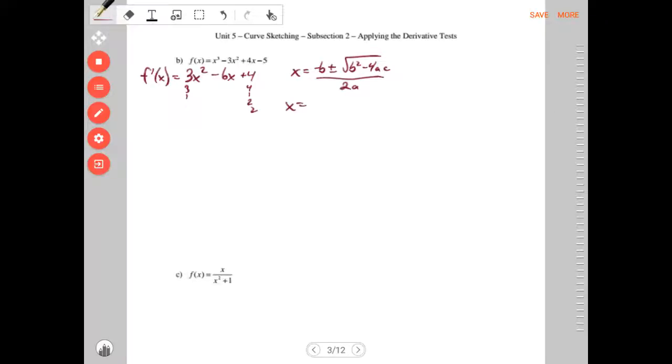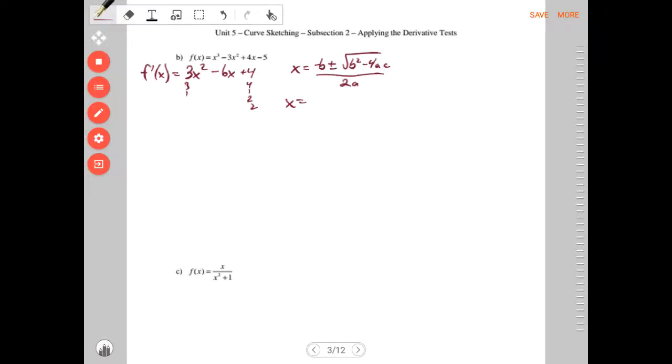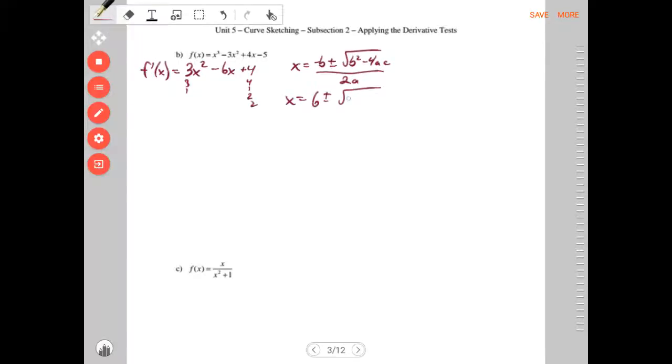So negative b, so b would be negative 6, so negative 6 is just positive 6, plus or minus, so 6 squared is 36, minus 4 times a is 3, and c is 4. Okay, all divided by 2a, so 2 times 3. Wow, we did this a long time ago, everyone. Anyways, the important point here is, look what happens. This is negative 48.